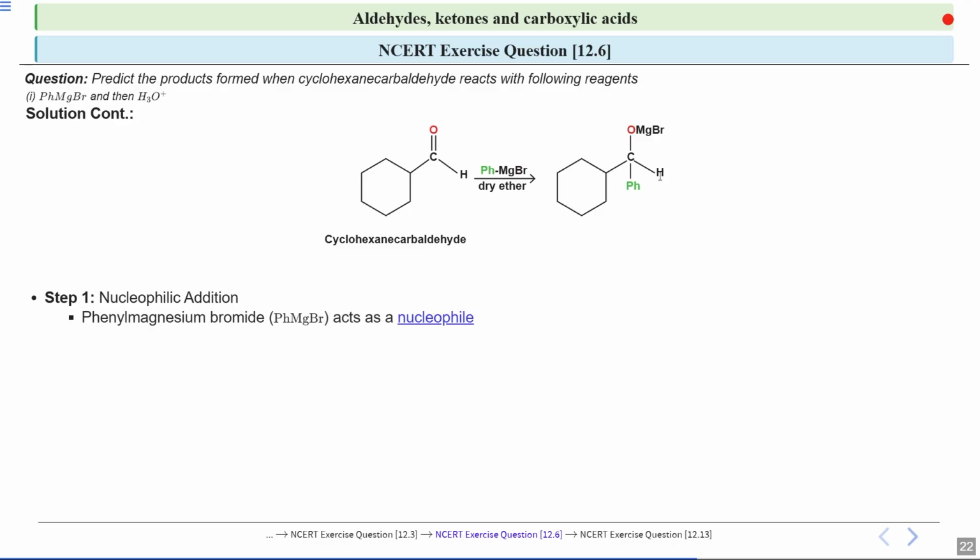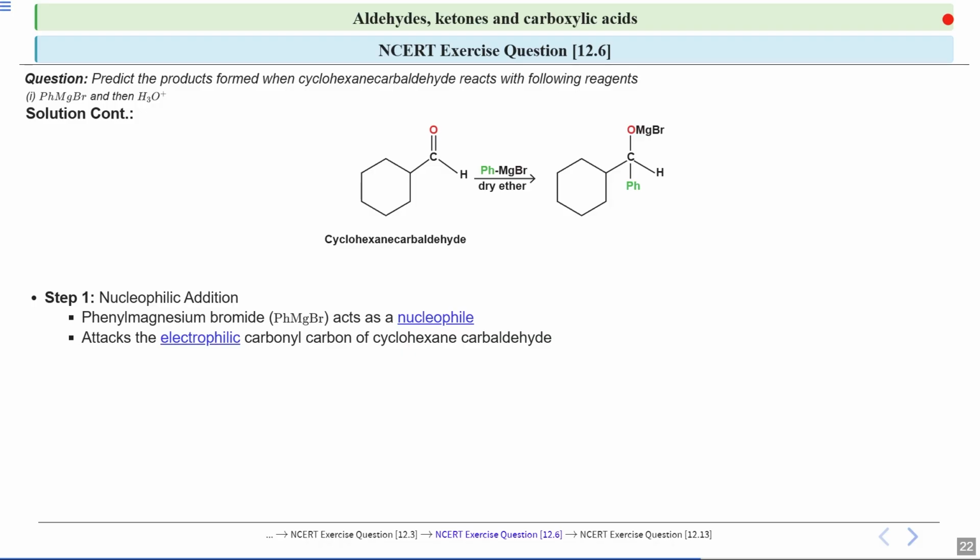Phenyl magnesium bromide, or PhMgBr, is a Grignard reagent. It is highly reactive and it seeks out the positive centers in the molecule. So where is the positive center? Here it will target the carbonyl carbon of cyclohexane carbaldehyde, because this carbon is partially positive.